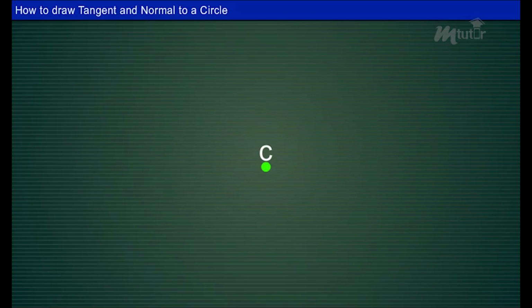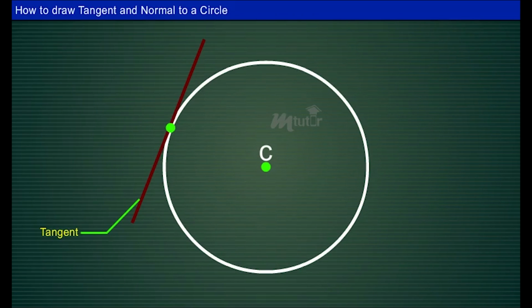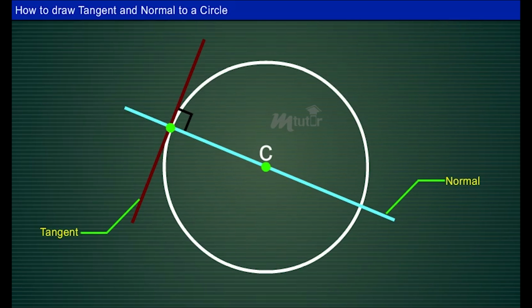Let us see how to draw a tangent and normal to a circle, which will be useful in the real-life applications of this topic. Consider a circle with center O. Draw a line segment from the center O and take the end point of the line segment as P. We have to draw the perpendicular bisector of the line segment OP.